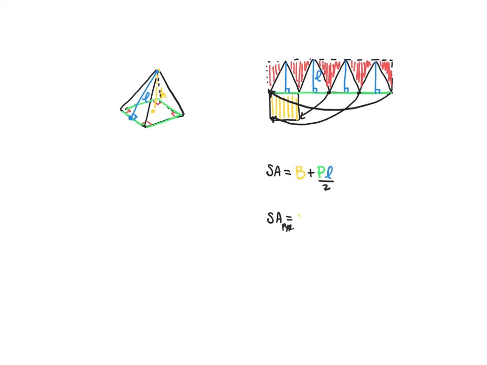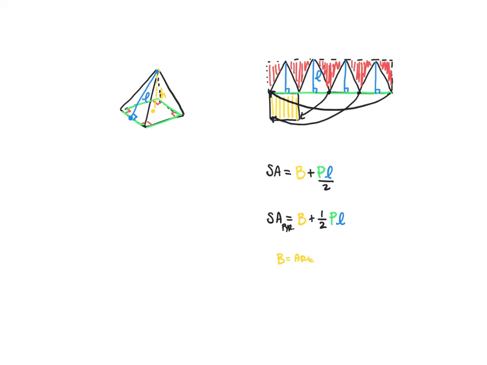It's going to be equal to the area of the base plus, I'm going to work that 1/2 out in front, times the perimeter of the base times the slant height. And that right there, let's define these.